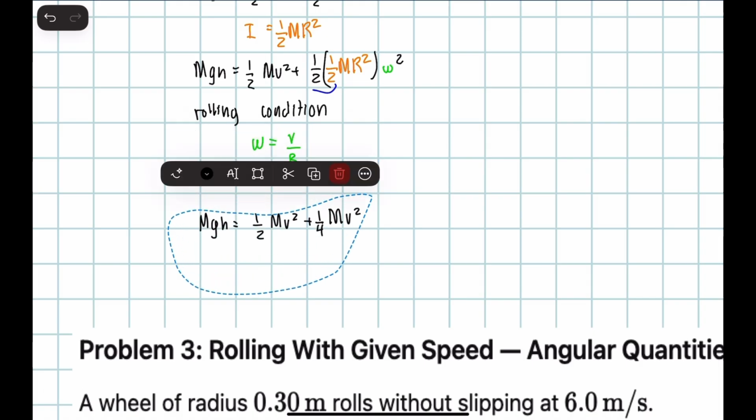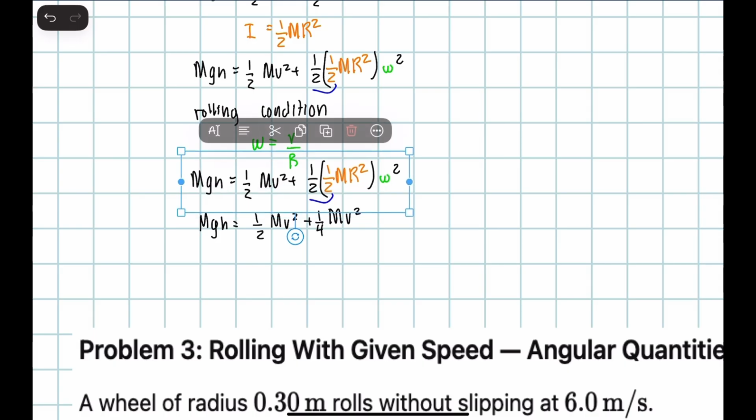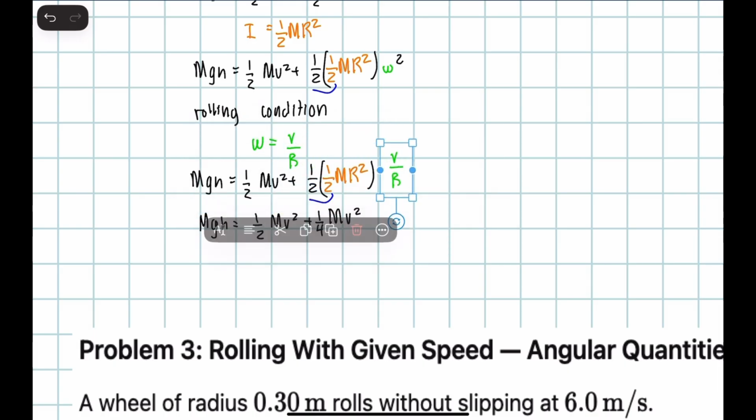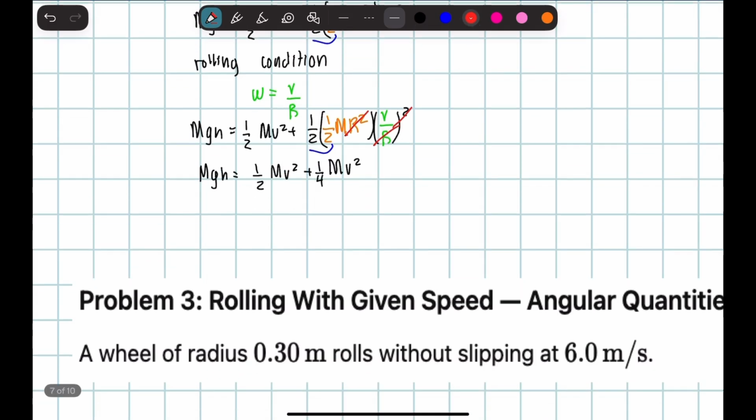If you want to see the substitution, omega is v over r, so you get v squared over r squared, and the r squared cancels out, leaving just v squared.